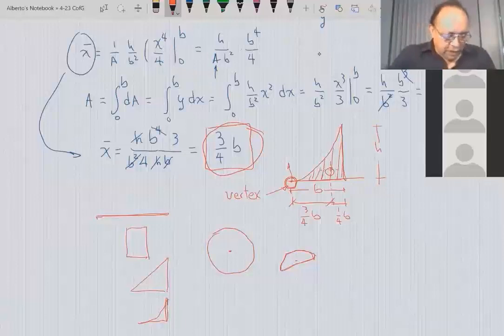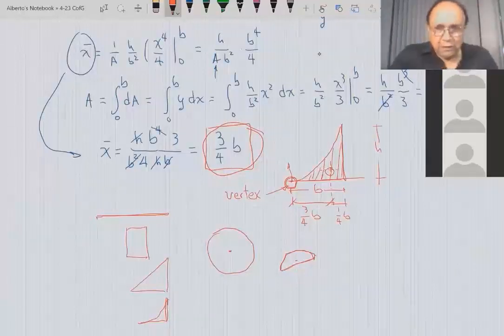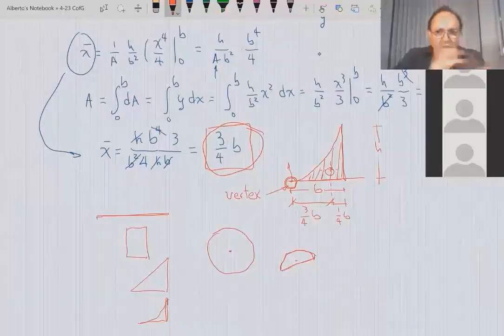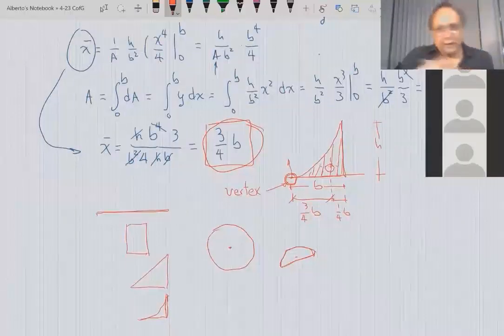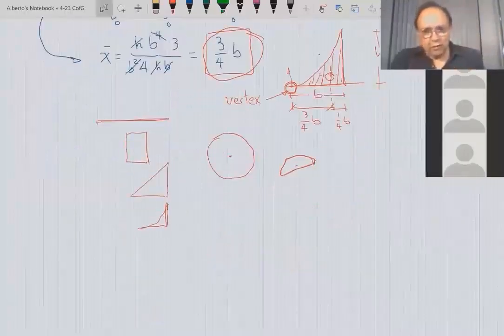And now that you have the centroid of a bunch of figures, you can find the centroid of more complex figures by breaking your area into more basic figures whose centroids you know.